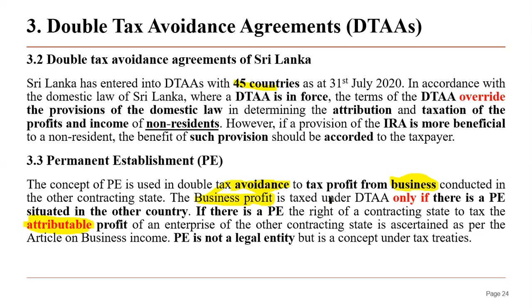We call it passive income, so those things are taxed separately under the separate article.